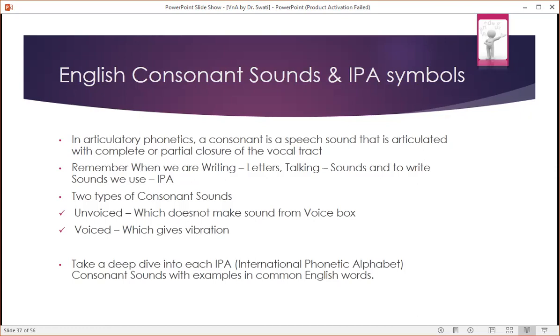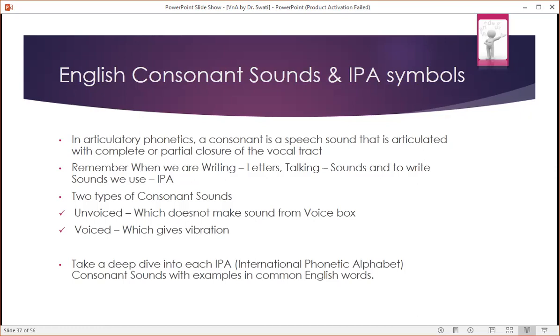Say for example, S. Please pronounce S. If you say S, there is no sound coming from your voice box. You can keep a hand on your voice box in your neck and say S. So this sound is not coming from the voice box.